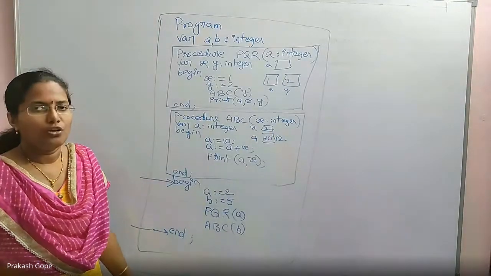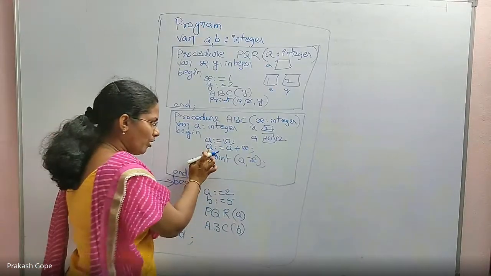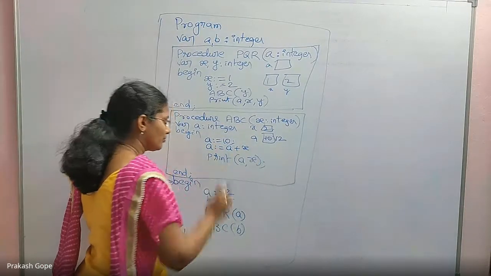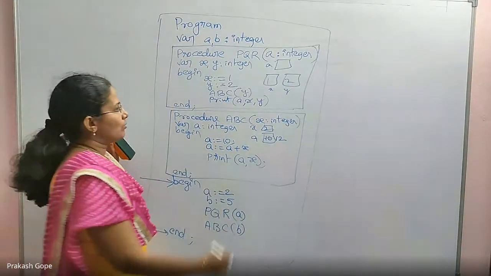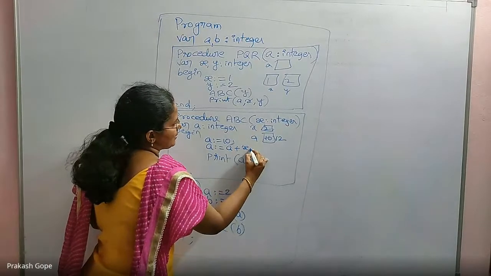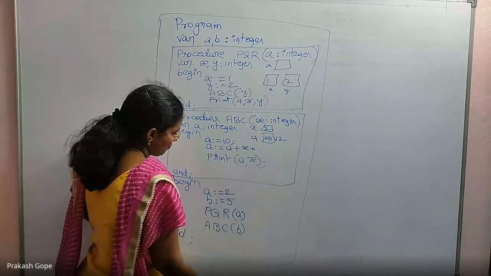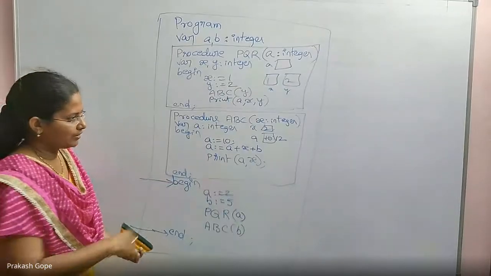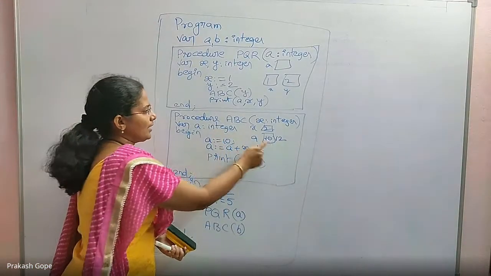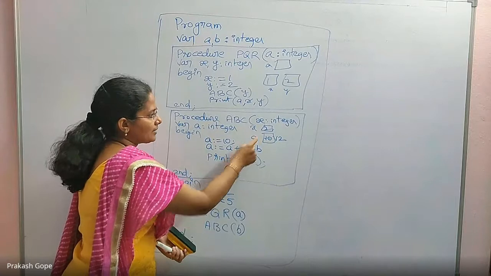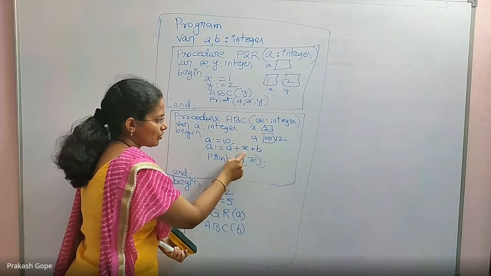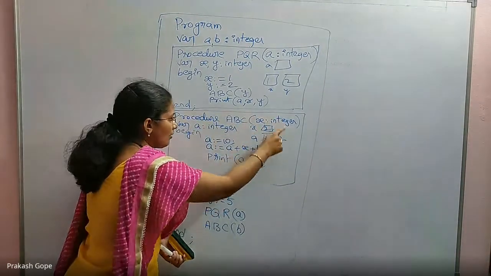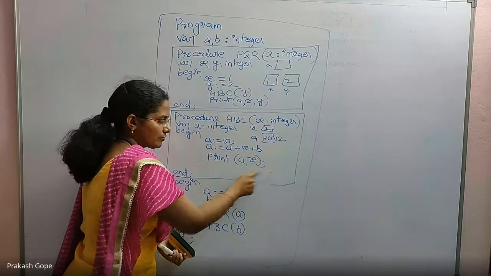They are printed. For example, if I modify this line to A equal to A plus x plus b, for example, x plus b. So A is the locally declared A, 10. X is the locally declared x, which is 2. B, I don't have a locally declared b in this block.